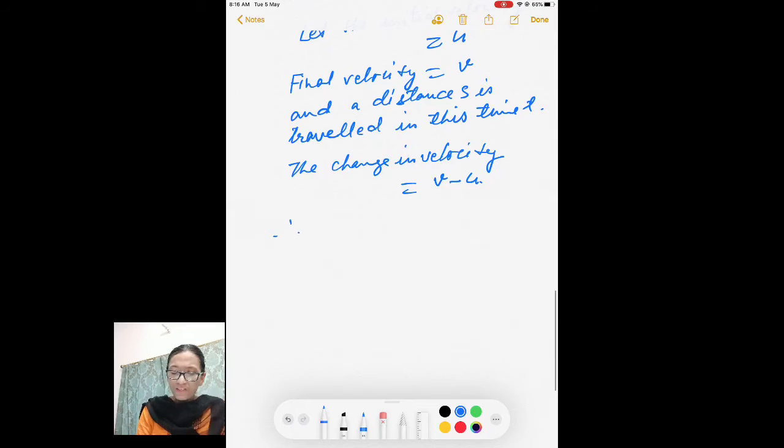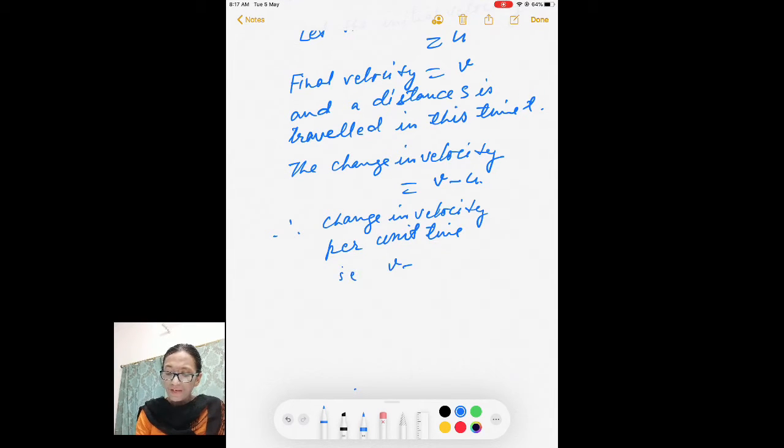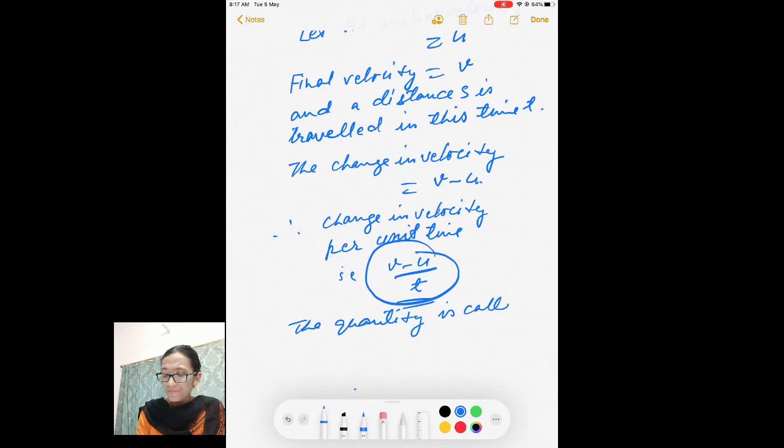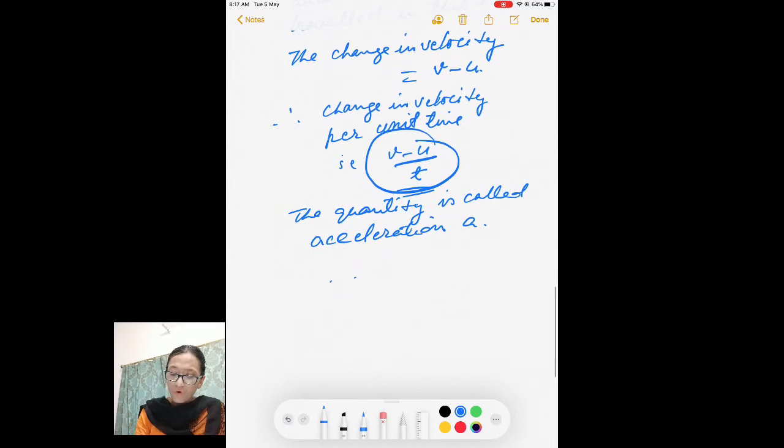So change in velocity per unit time is v minus u by t, and this quantity has been given a name called acceleration A. Therefore, A is equal to v minus u upon t. What is acceleration? The rate by which the velocity is changing.